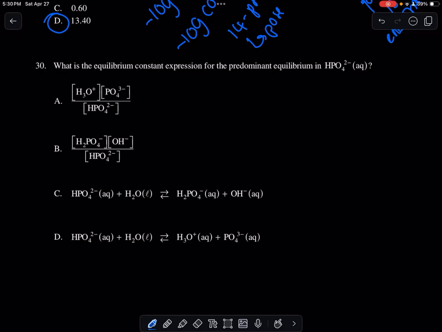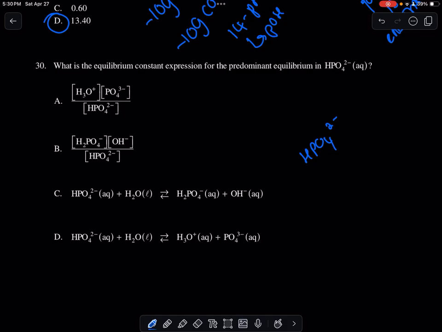Which of the following is the expression for the predominant equilibrium in HPO4 2 minus? Is it an acid or is it a base? One question we can ask ourselves. So HPO4 is more of a base than it is an acid.